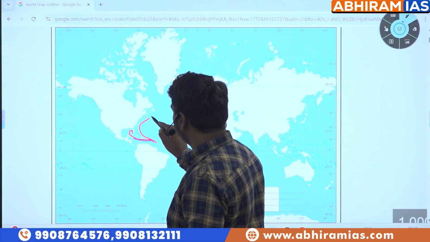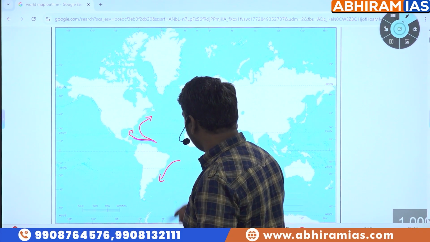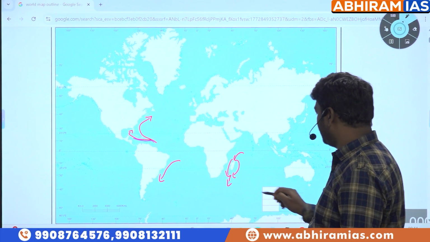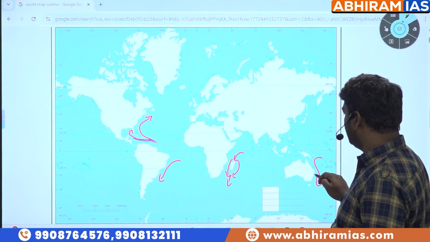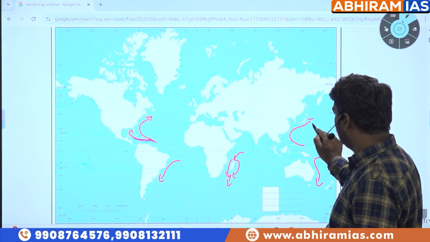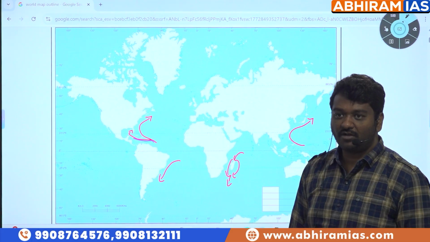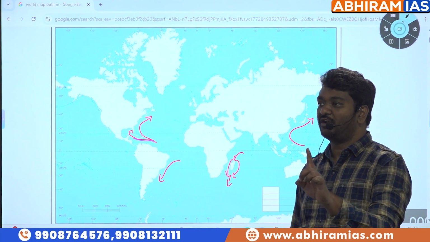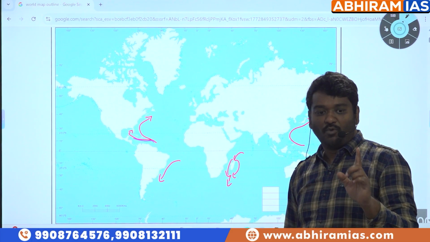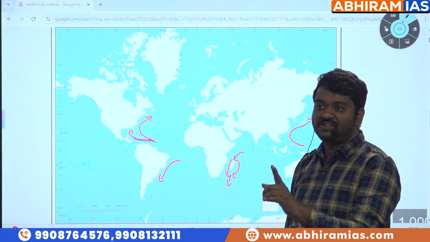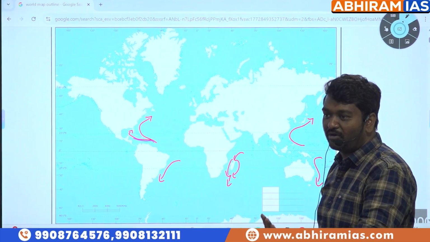Caribbean current, Gulf Stream, Brazilian current, Madagascar current, East Australian current. Which water is on the eastern side? Warm water. Warm water means more water vapor, more rainfall. Eastern sides of the continents receive more rainfall.